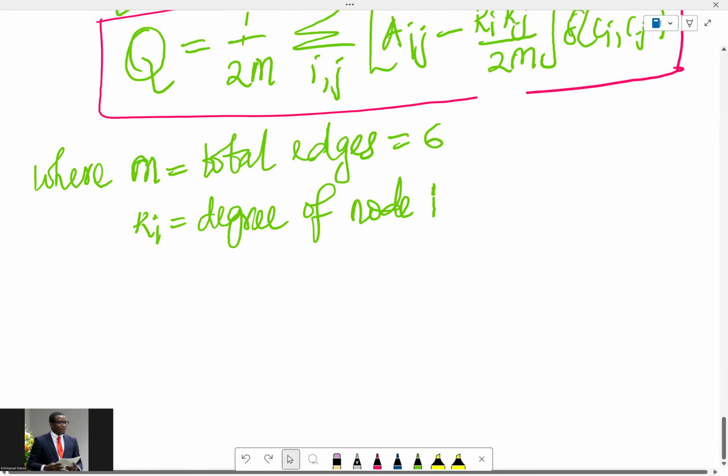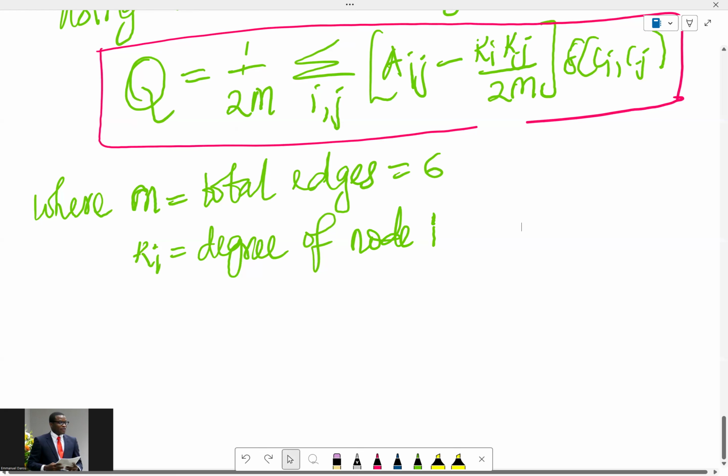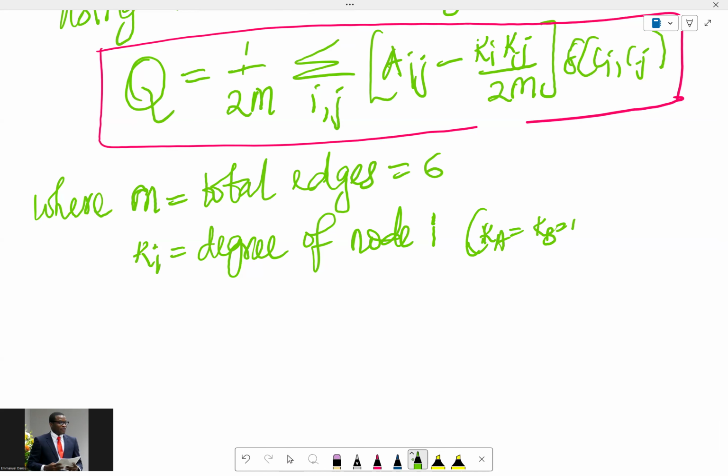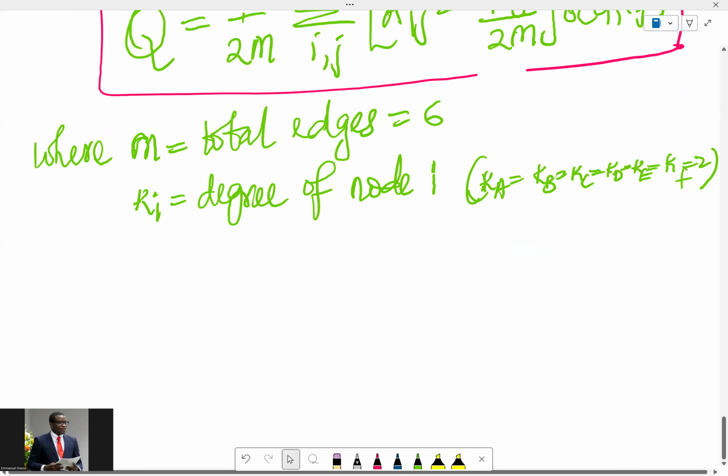So for either node A, B, C, D, E, or F, they all have a degree of 2. So kA, kB, kC, kD, kE, kF, all of that is equal to 2, basically. So that's ki.